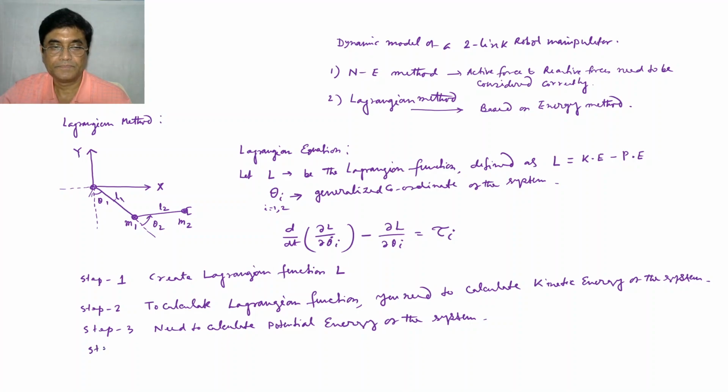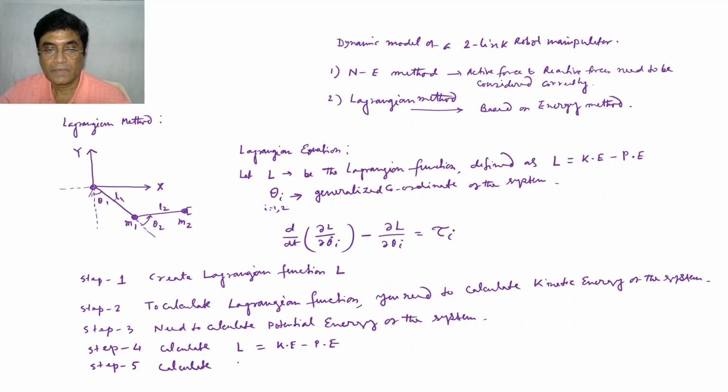Then step 4, once you have them, create the Lagrangian function, so calculate L equals KE minus P. Then calculate the partial derivative of this function with respect to theta i dot.